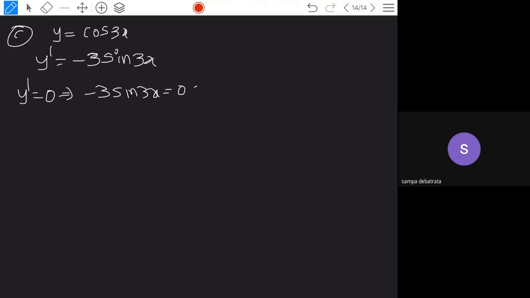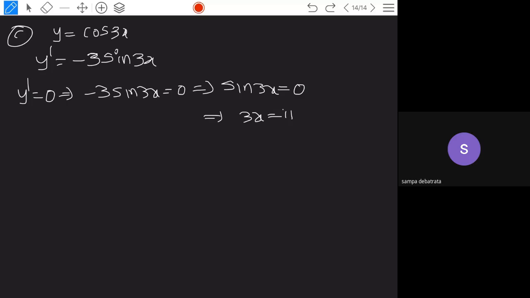This implies sin 3x is equals to 0 you will get, and sin 3x is equals to 0 is nothing but 3x is equals to pi by 2. So that is nothing but x is equals to pi by 6 you are going to get. Oh sorry, 3x is equals to not pi by 2, it is pi, because 3x is equals to pi.